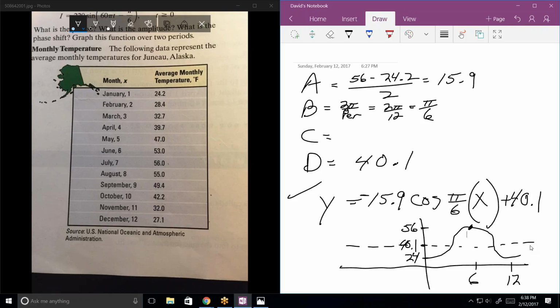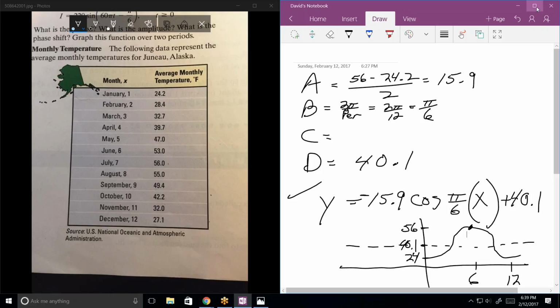In other words, temperatures tend to have a period of exactly 12 months, and they'll go from the cold reading in January to a hot reading in July and back again. So most temperatures, regardless of whether you're in Juneau, Alaska or not, are going to be negative cosine curves. They're going to start at their low, and they're going to go up.